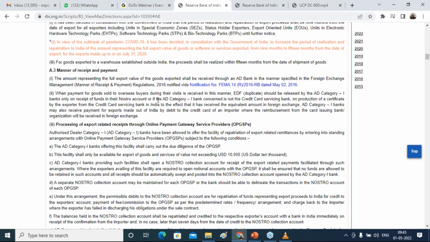What the nostro and vostro accounts are, I will explain to you. Only then will it be treated as a payment receipt for the overseas sales. Okay.